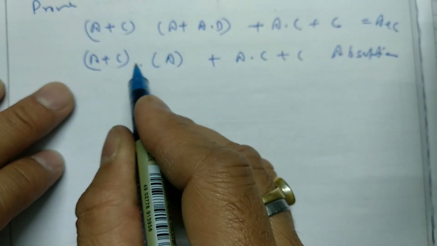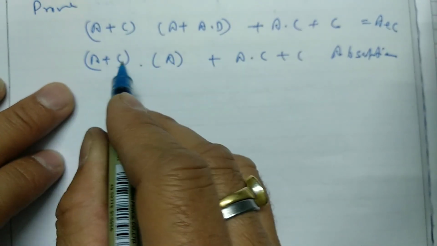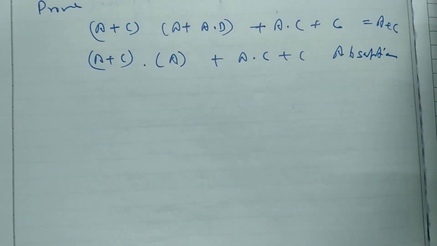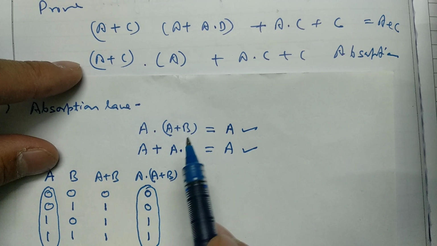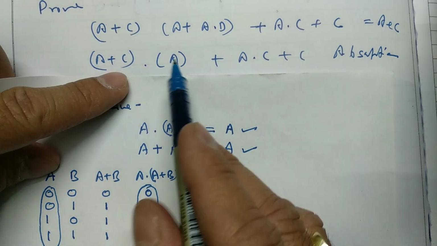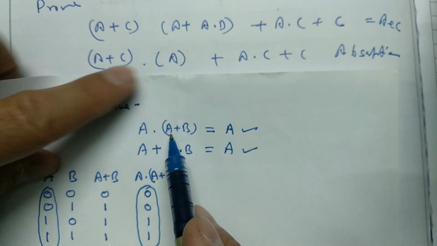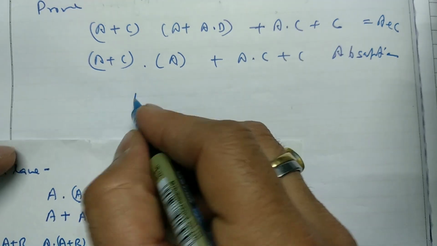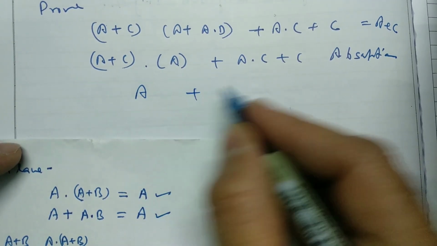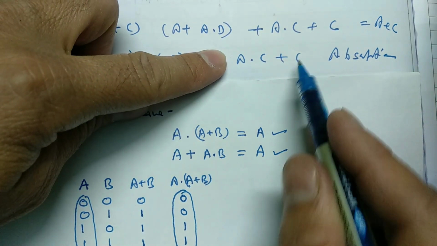And now this is again absorption because there is no sign. It's A and A or C. I'll show you again the absorption in case you don't remember. Look at this absorption and compare with this. It looks like A and A or B. So A and A or C is equal to A. So in place of this you write A, and look at this part: A and C or C. This also looks like this.